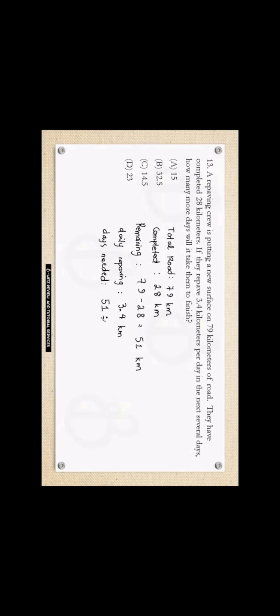Divide it by the daily repaving, which is 3.4, and that will give us approximately 15 days. So the answer here is letter A. Now take note here that any answer much larger than 15 days is unrealistic. The total task is just over 50 kilometers, and they can do more than 3 kilometers per day.